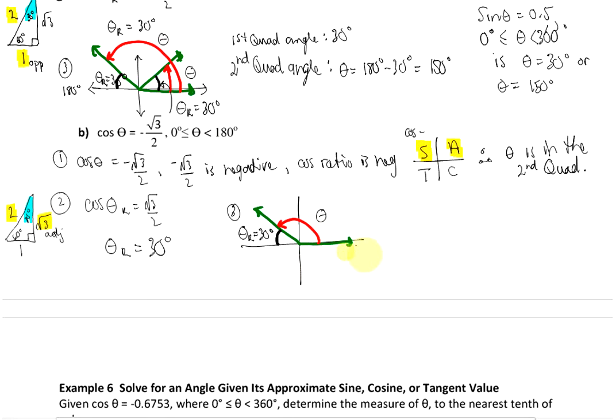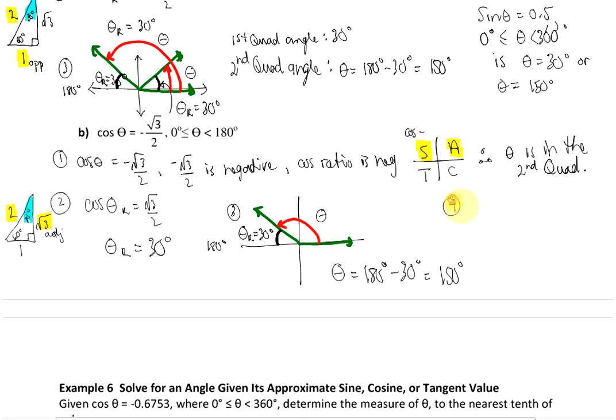And so if I want to figure out what theta is in the second quadrant, I would go 180 minus 30 to get 150 degrees. Okay, and I know that I need to minus 30 from 180 because half a circle is 180. And when I subtract the 30 degrees, that will bring me up to this reference angle and tell me that the angle, which is indicated by the red arrow, is 150 degrees.